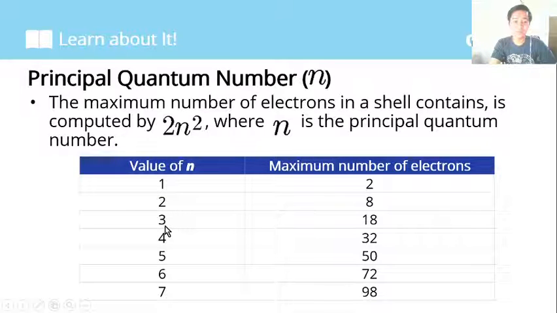If the value of n is 3, substitute n with 3, that will be 3 times 3 is equal to 9 times 2, which is equal to 18.